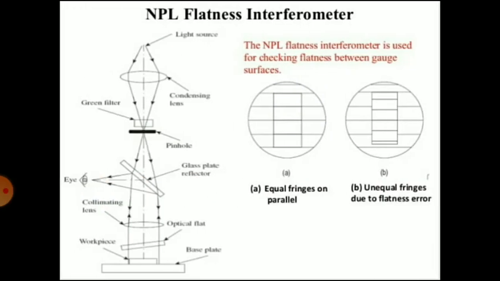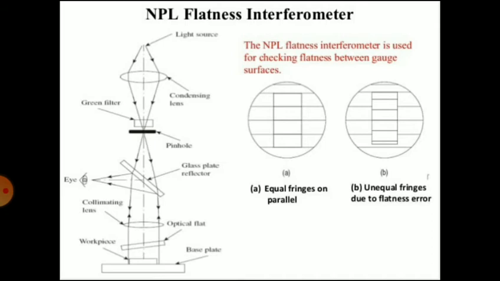Now, first we will see the NPL flatness interferometer. You can see the diagram. At the top there is a light source, then there is a condensing lens, then there is a green filter, then at the bottom of the green filter there is a pinhole, then a glass plate reflector that is placed at an angle, then the eyepiece, then the collimating lens.